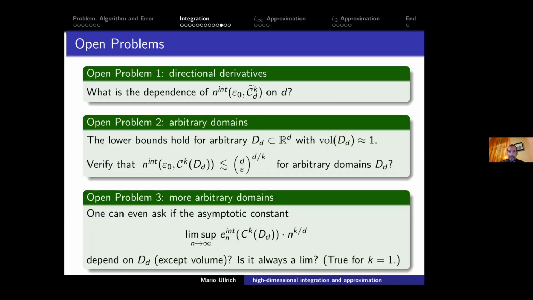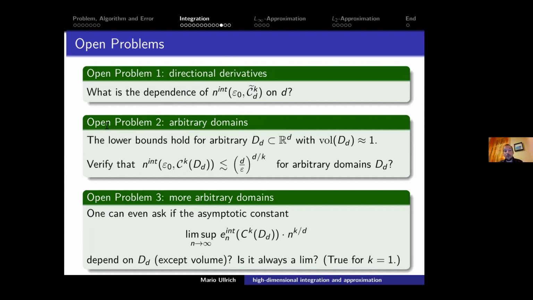So let me state some open problems to see what is still open, although this class has been studied now for quite a while. So first of all, what is the precise dependence on the dimension in this class of directional derivatives? That's the first. Some of my colleagues think that's a very important open problem. That's why I stated it here. I did not work on that. I'm already satisfied with the results we have.